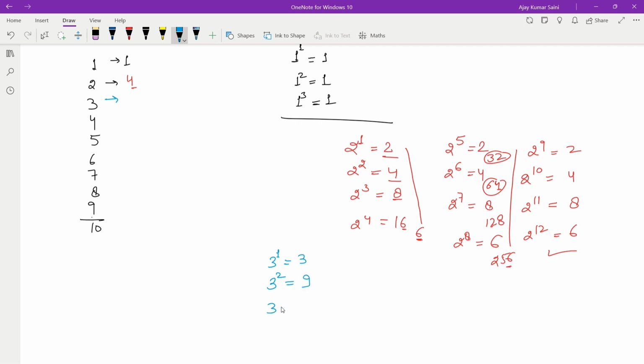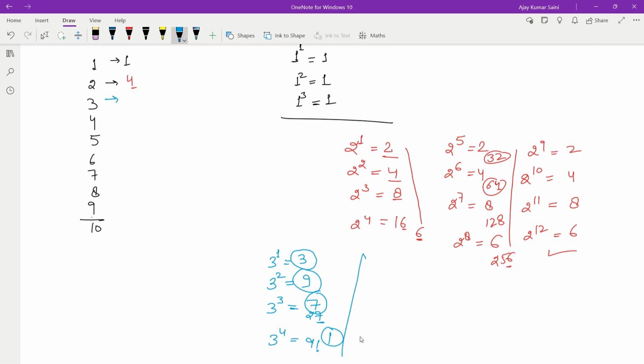If the power of 3 is 3, the value is 27, so the last digit is 7. If the power of 3 is 4, it is 81, so the last digit is 1. So these are the last digits.